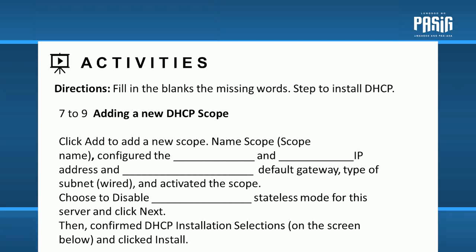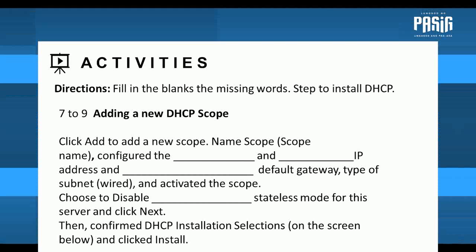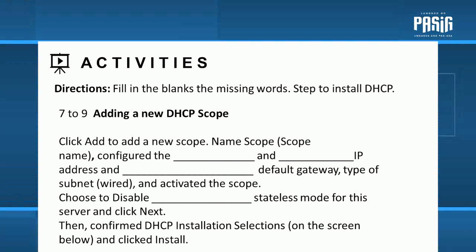This is a question for 7 to 9, adding a new DHCP scope. Click Add to add a new scope, name the scope or scope name, configure the blank and blank IP address, and blank default gateway, type of subnet, wired, and activate the scope.